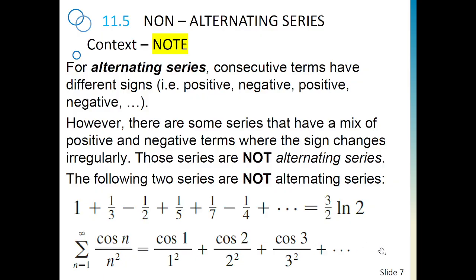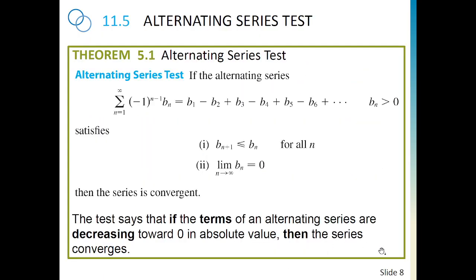It's important to distinguish, because the tool to determine the convergence of alternating series is called the alternating series test, and it's very easy to use. Actually, we need to check two conditions. The first condition is that the next term is smaller than the previous.